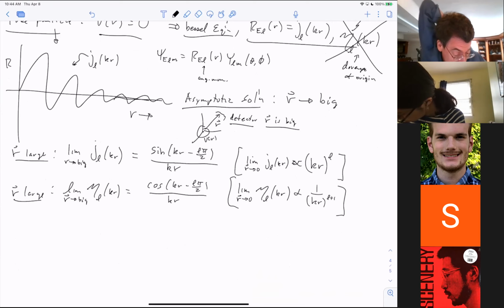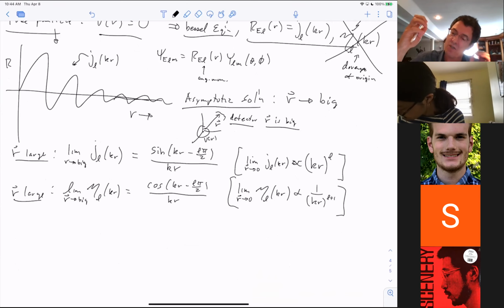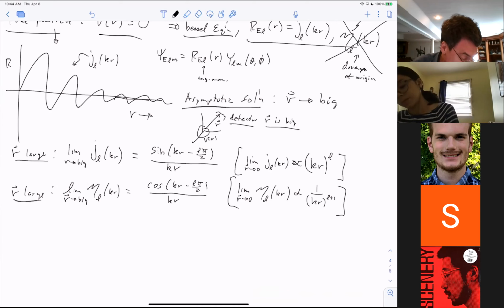So now, for this treatment, we're really concerned at this point with the asymptotic solution. What's happening far away from the scatterer? The reason I'm going on about this is that it's really the phase shift that we care about, so we want to understand the phase shift. To understand what's going on, let's take a closer look at the Bessel function in the large r limit.